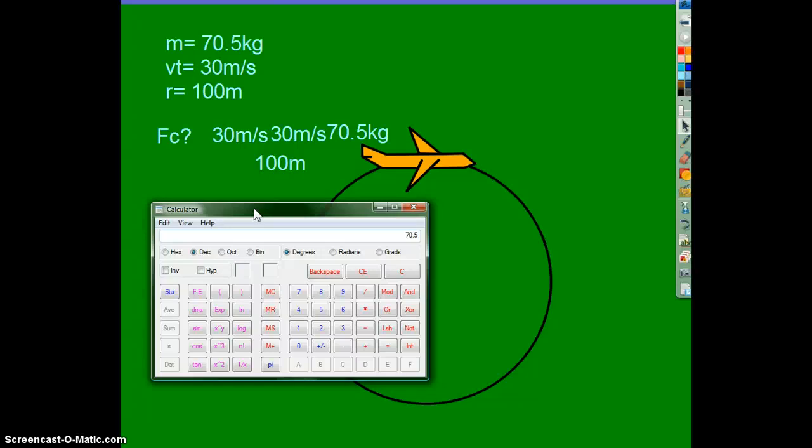It's probably a model airplane. And I'm going to divide that by 100. And I'm going to get a centripetal force of 634.5 newtons, if you can read that calculator there. Okay, that's it, guys. It's not crazy calculations. Don't forget to square the tangential velocity.